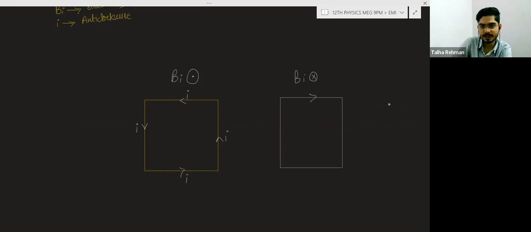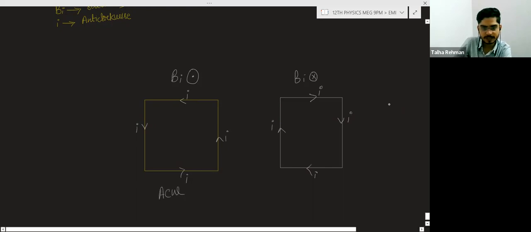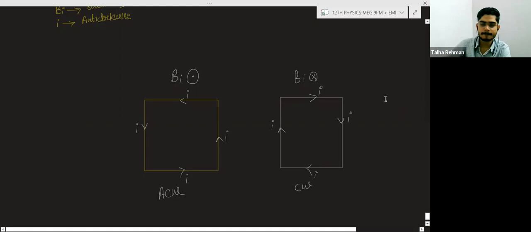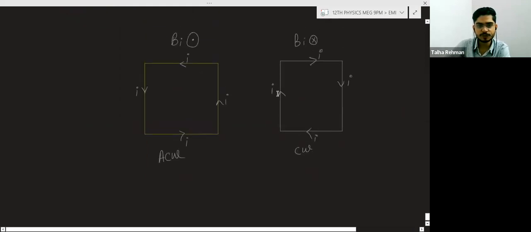So you will get the direction of the induced current in this direction. That is the clockwise direction. Here it is anti-clockwise. Here you will get the clockwise direction of the induced current. Okay, so no need to write this.